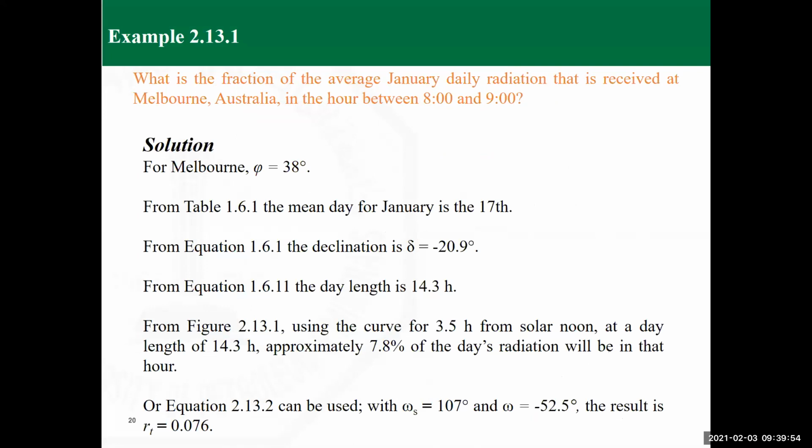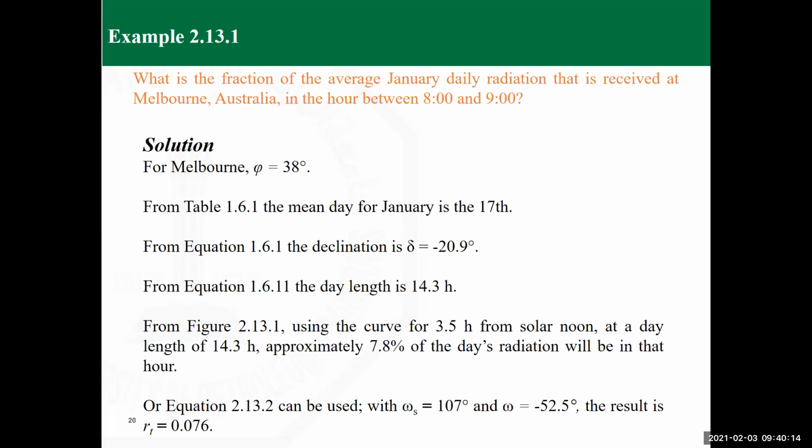Maybe you can see now that going through the figure is going to save a lot of time instead of doing lots of calculations. But this is definitely at the expense of accuracy, which means that the 0.076 is expected to be more accurate than the value of 0.078.